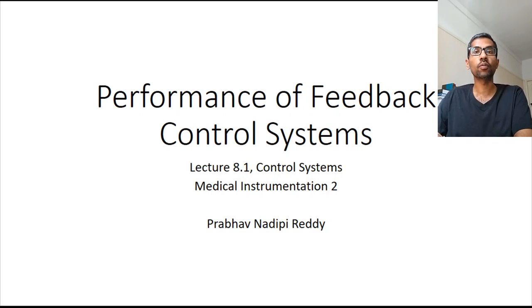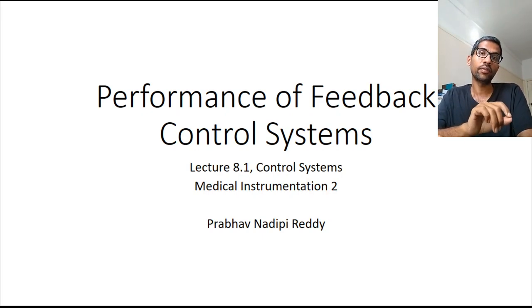In this lecture, what I want to talk about is performance of feedback control systems. What do I mean by performance? We have talked about control systems and we have talked about a process and trying to control the output of the process so that it is equal to the input or some relationship with the input.